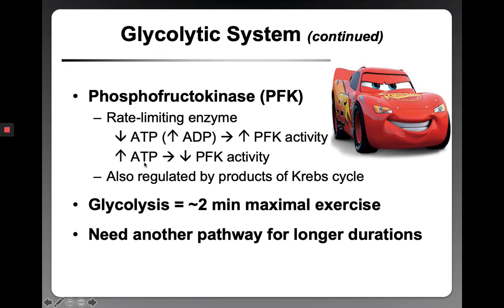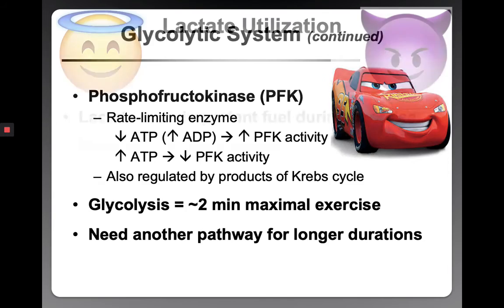When ATP is increased and we don't have a lot of ADP, the enzyme is then pulled back and inhibited, and we will have a decrease in PFK activity. This is also regulated by products of the Krebs cycle as well. But glycolysis is a max of about 2 minutes of exercise, and we would need other pathways for longer endurance or longer durations. And that will come from those aerobic based things that we'll get into next.